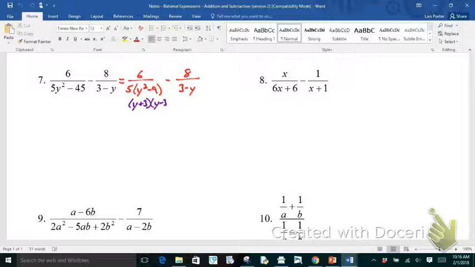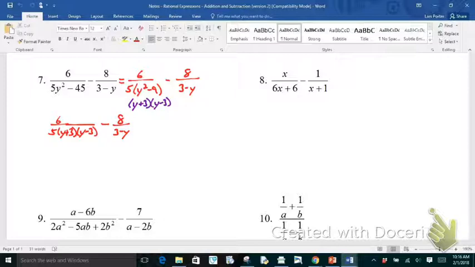Here is what I am going to propose. Let's write the left down: 6 over 5 times y plus 3 times y minus 3, all of this minus 8 over 3 minus y.